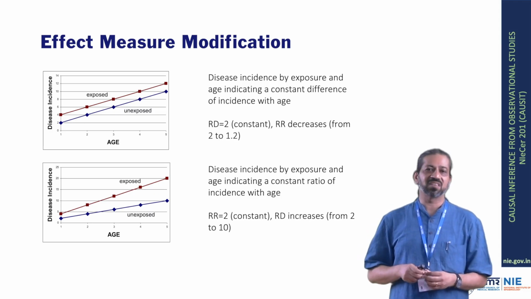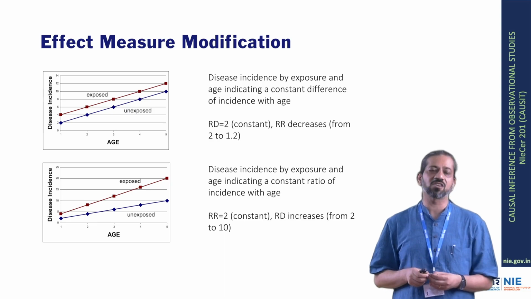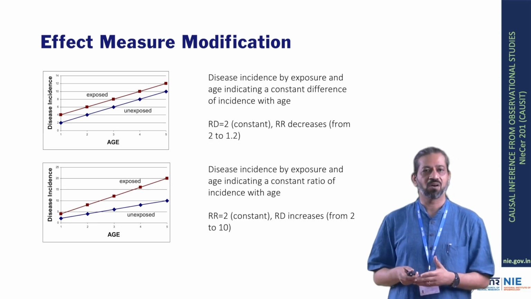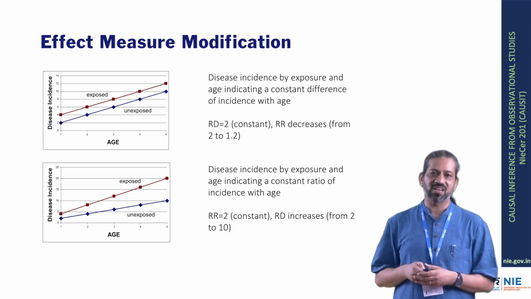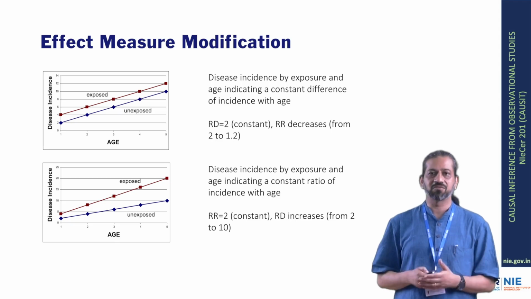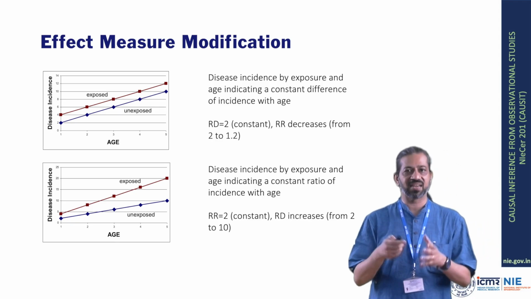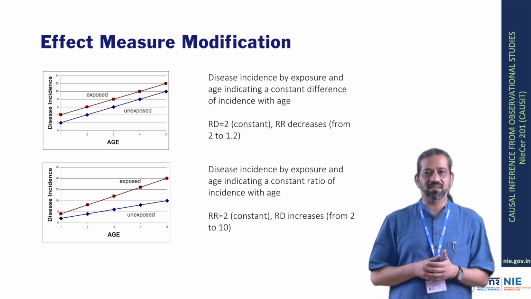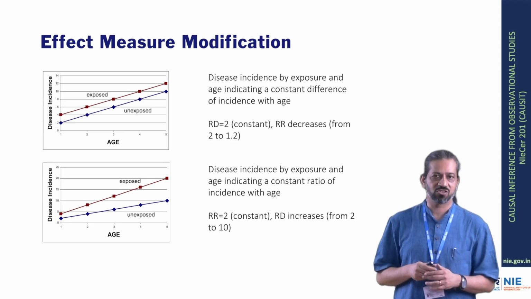In the example that you see here on the slide, we want to estimate the effect of a particular exposure on the disease incidence. Here, we are considering age as a potential modifier. If you see in the first graph, the disease incidence by exposure and age, you can see that there is a constant difference of incidence with age.